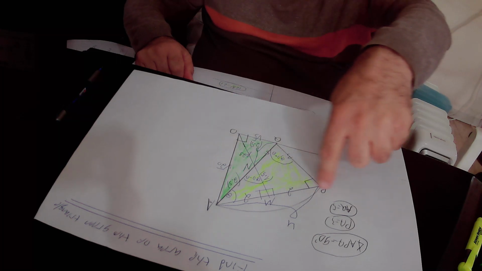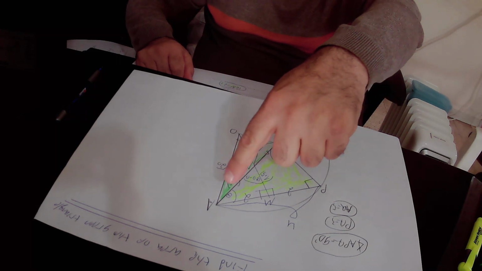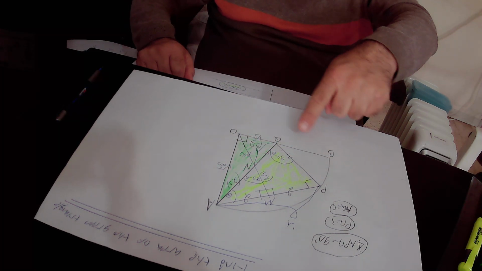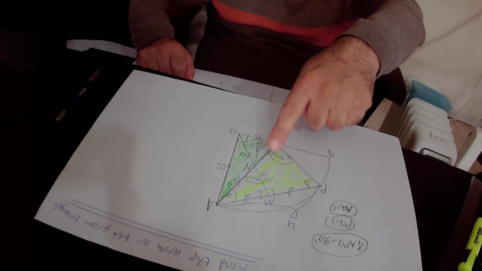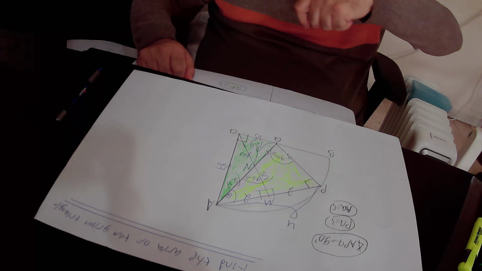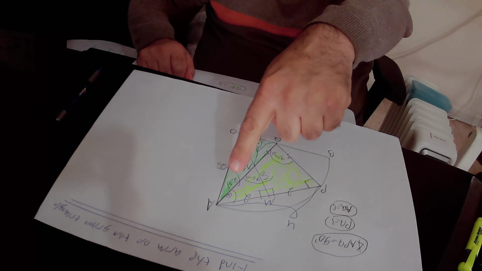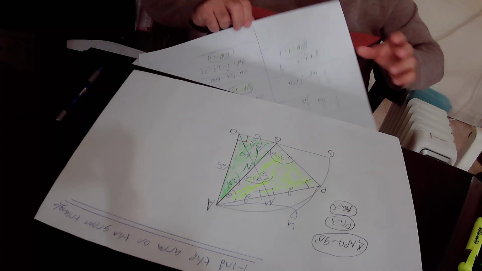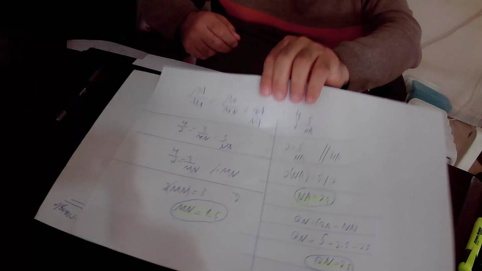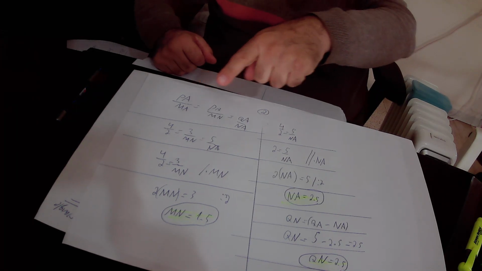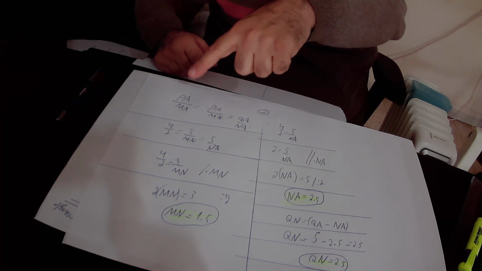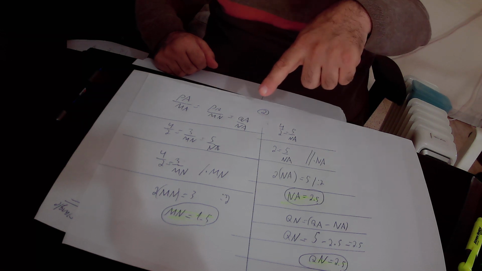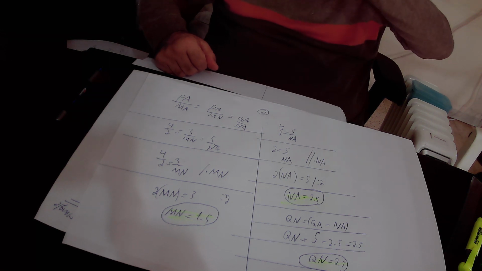PA in the big triangle over MA in the small triangle equals PQ in the big triangle over MN in the small triangle, and it also equals QA in the big triangle over NA in the small triangle. Repeat again: PA over MA equals PQ over MN equals QA over AN.